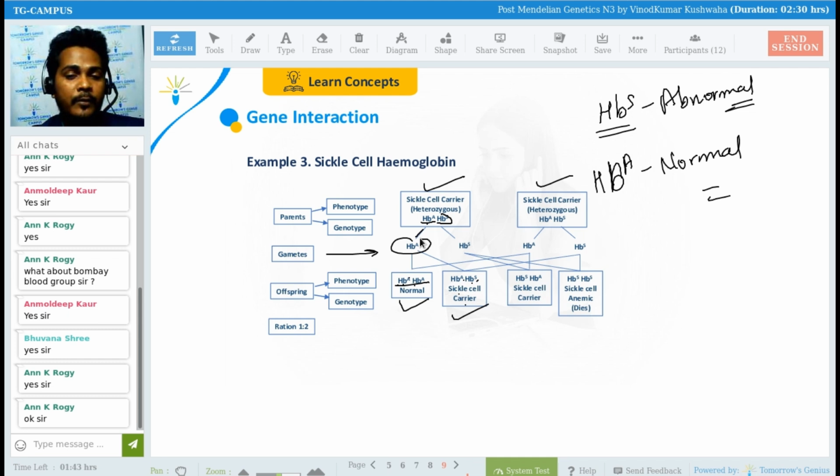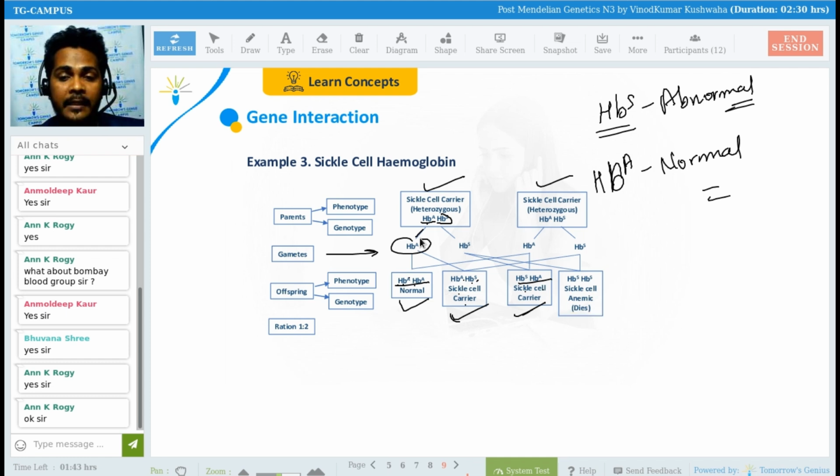If HbS and HbA, it is again a sickle cell carrier. So both these conditions are carriers.